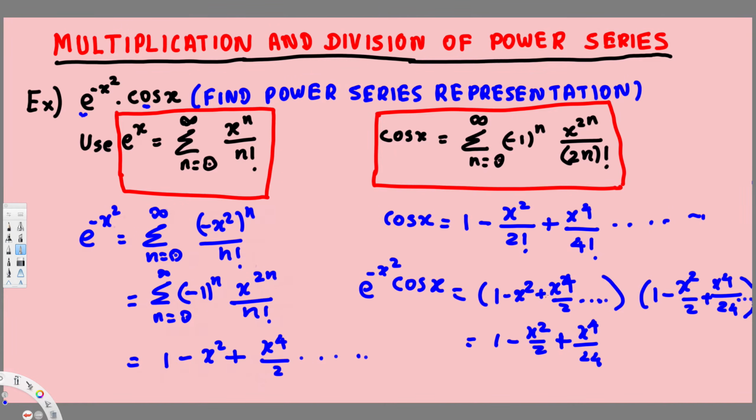Then if I start with negative x square, this is going to be negative x square, and then negative x square times x square over 4 is going to be positive x power 4 over 2, and then negative x square times x power 4 is going to be negative x power 6 over 24, right? So it's going to go like this.